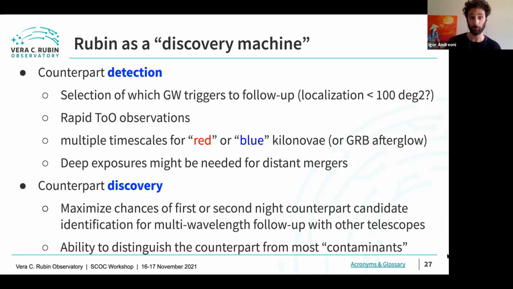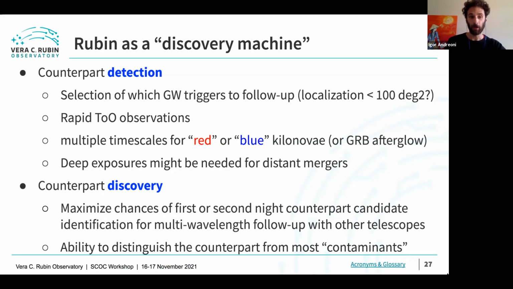Timing is another very important factor, as Rafael explained. And also we want these observations to happen rapidly, yes, but also at several time scales, in the order of a few hours up to 1 or 2 days, so that we can really cover the whole phase space of light curve that we could expect coming from kilonovae, so the optical and infrared counterpart from this type of mergers.